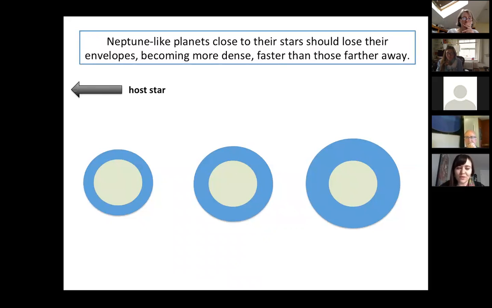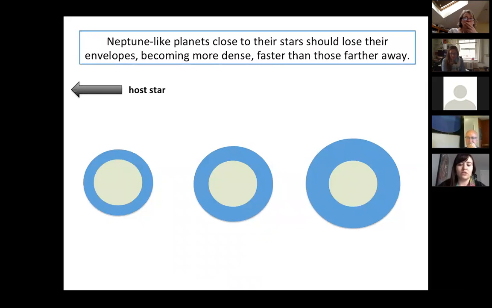And while we don't get many systems that have this nice set of planets in a row that we can look at, if we look at planets at a variety of distances from their stars that are around many different stars, we can start to compare this relationship between the distance between the planet and the star and the density that that planet has.